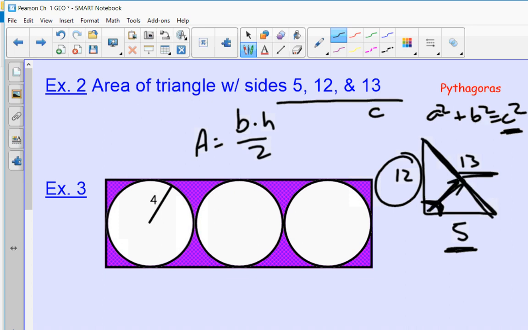Okay, so 12 times 5, or 5 times 12 divided by 2. 12 times 5 is 60. 60 divided by 2 gives me 30. And they didn't give me units like feet or inches or whatever, so I'm just going to leave it as 30.